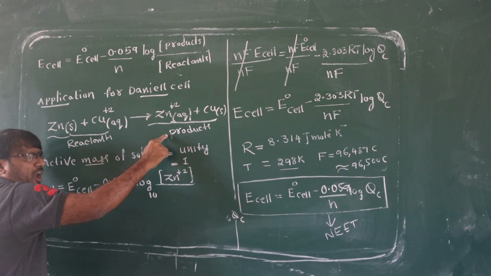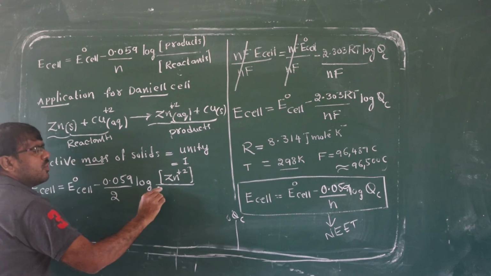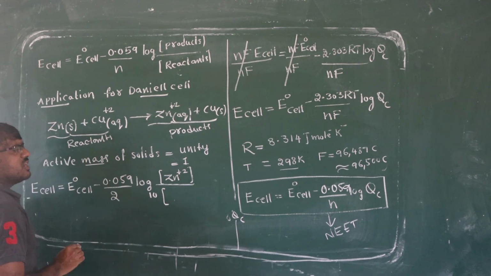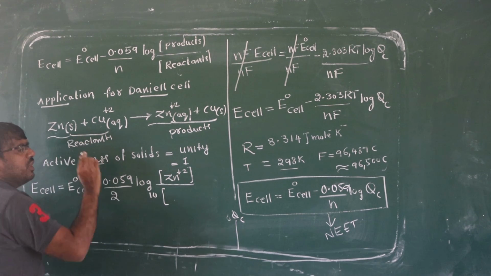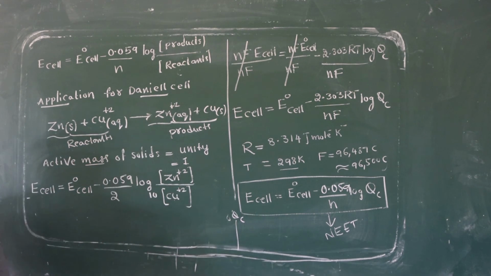On the reactant side, only the concentration of Cu plus 2 ions we have to consider. So this is the application of the Nernst equation to the Daniell cell.